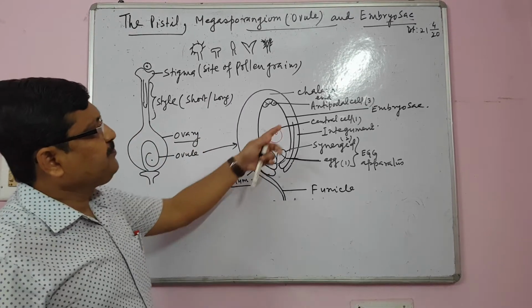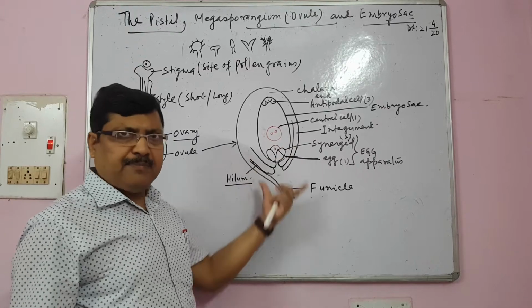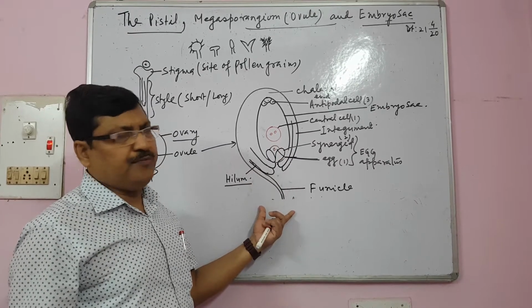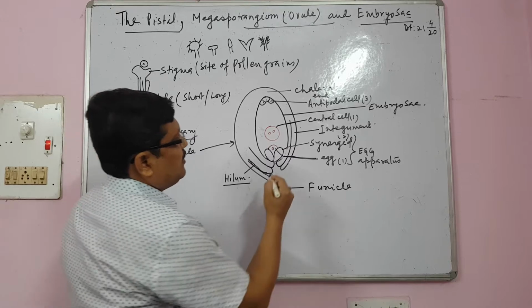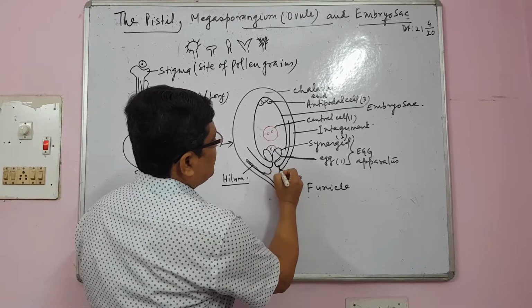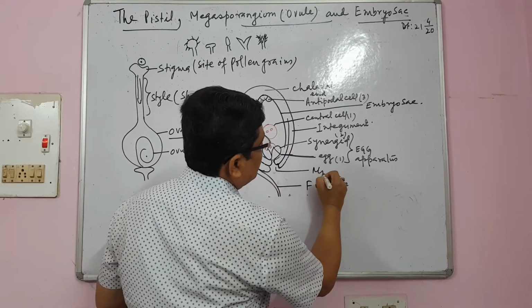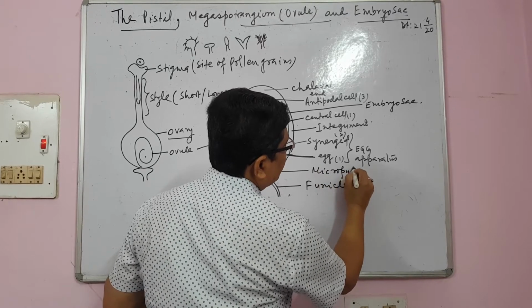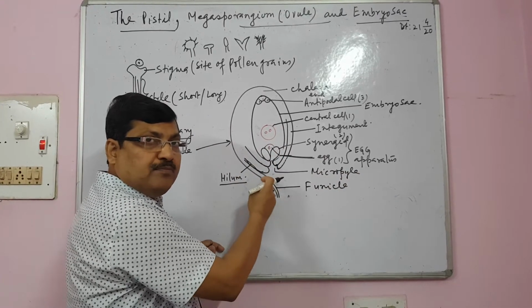Dear students, this is the well-shaped structure of an anatropous ovule. This is the opening, and this is called micropyle, through which the pollen tube enters.